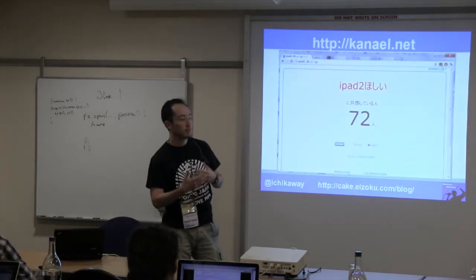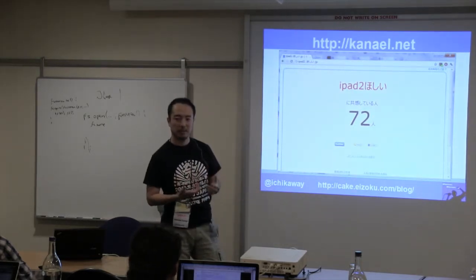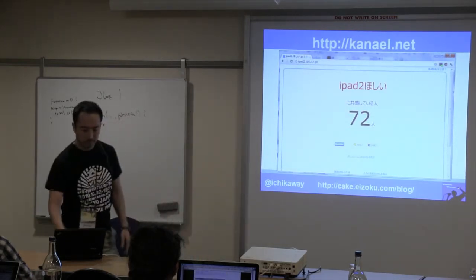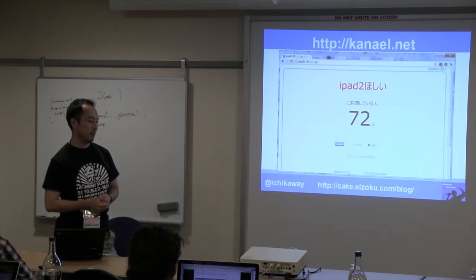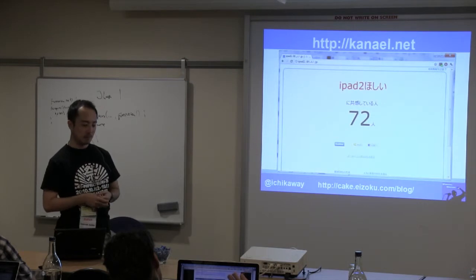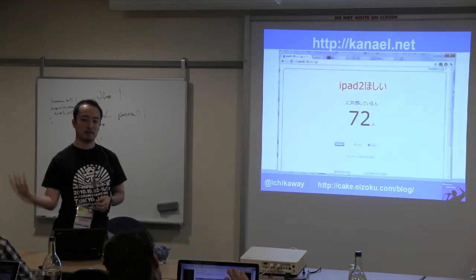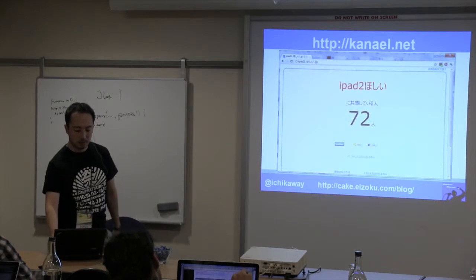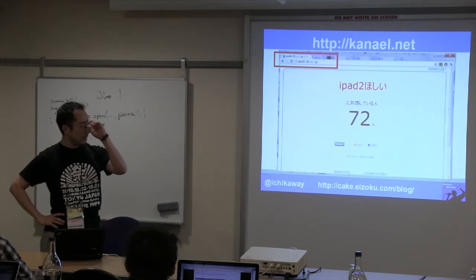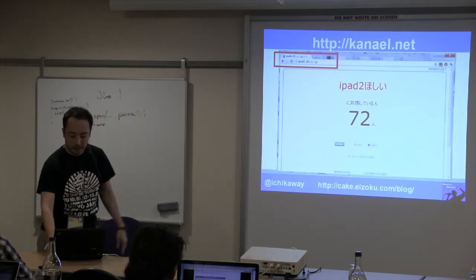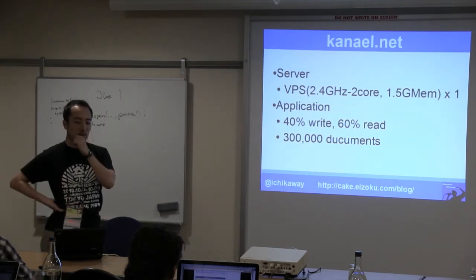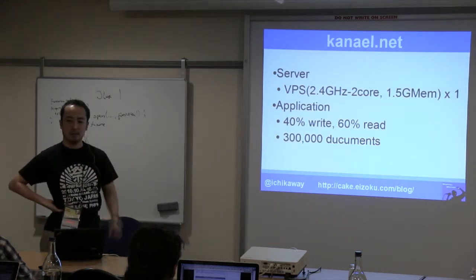So many people, after the earthquake, make a wish and make their URL like: I hope for recovery from the earthquake or something like that. So it was a little bit booming. And I selected Mongo for this site. Many write access, so I wanted to avoid using an RDB.